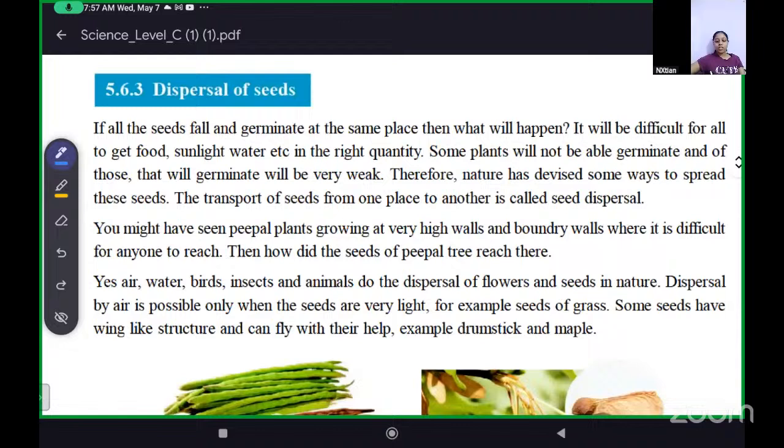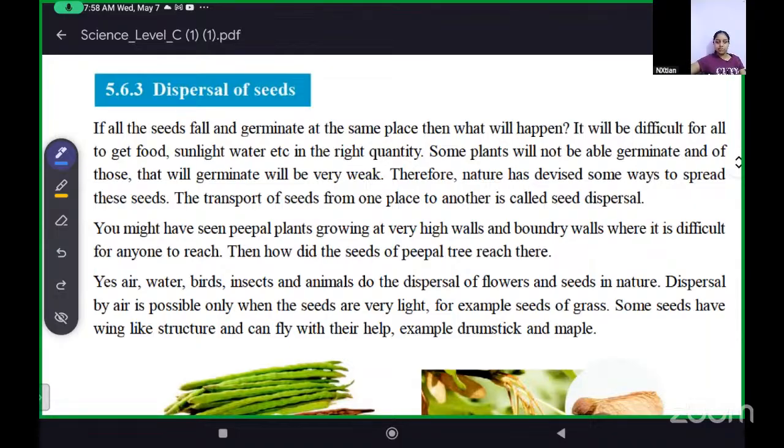If the seeds fall and germinate at the same place, then what will happen? It will be difficult for all to get food, sunlight, water, etc. in the right quantity. Some plants will not be able to germinate, and those that do will be very weak. Therefore, nature has some ways that disperse the seeds.